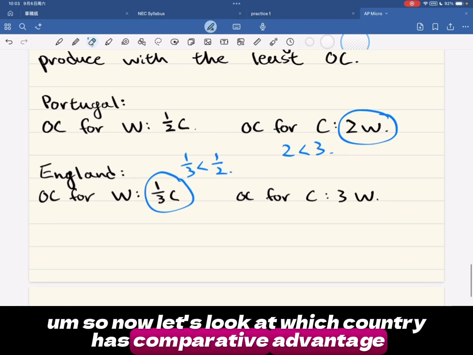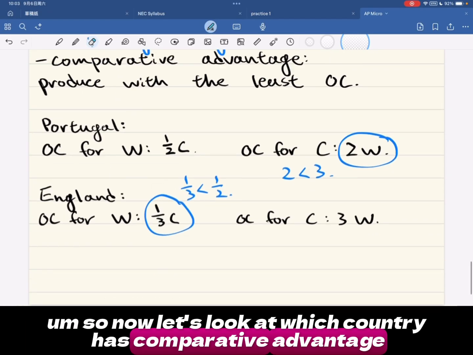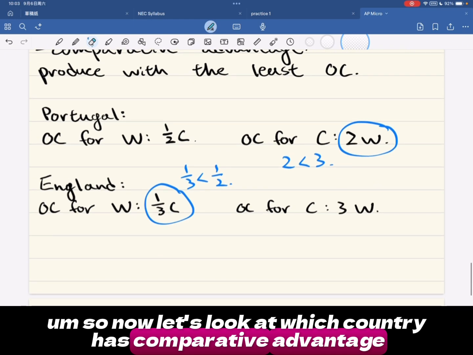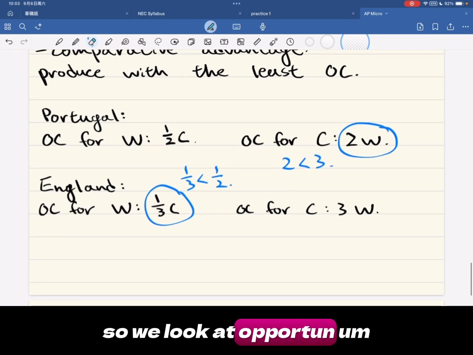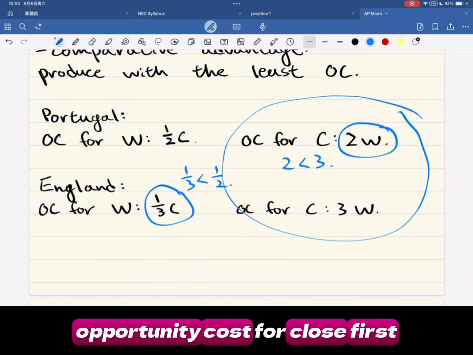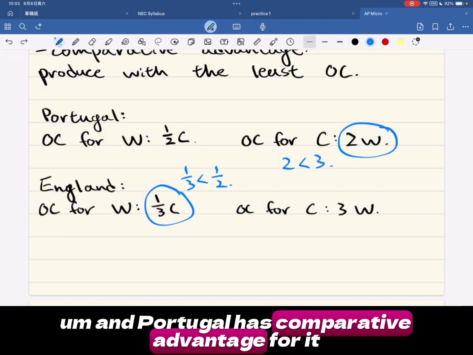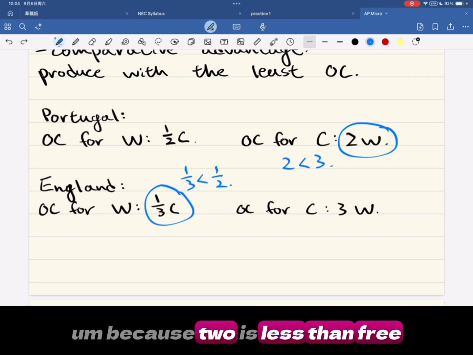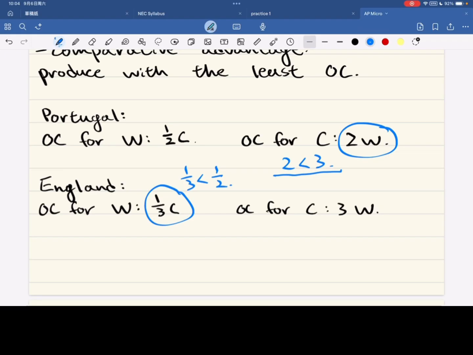So now let's look at which country has comparative advantage. We look at opportunity cost for clothes first. Portugal has comparative advantage for it, because 2 is less than 3.